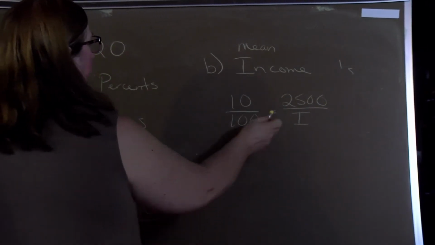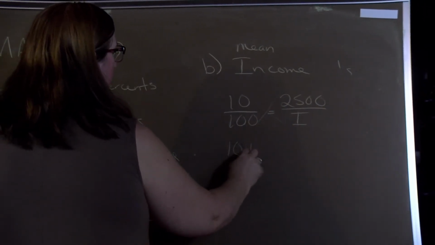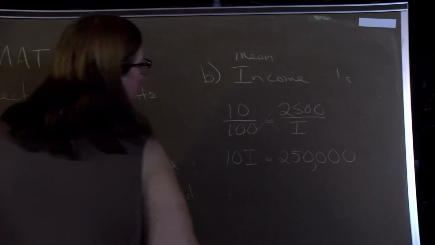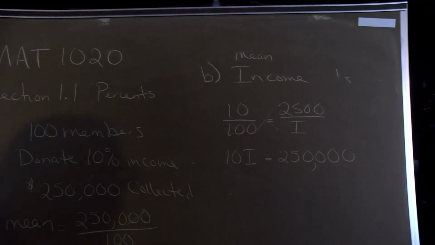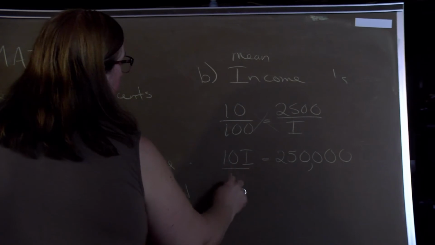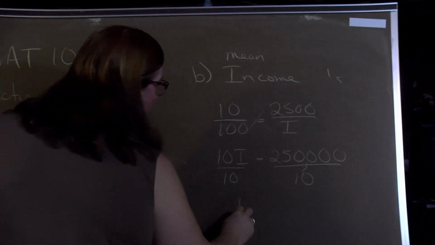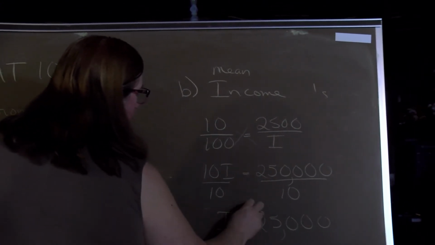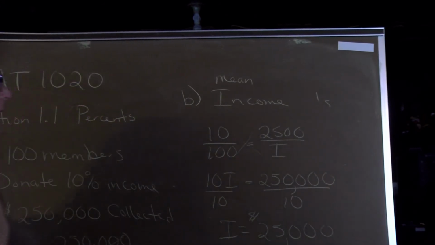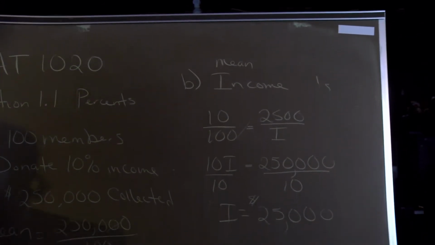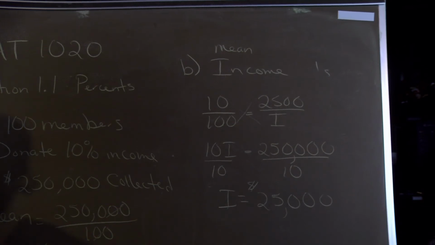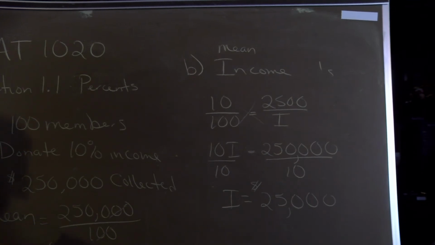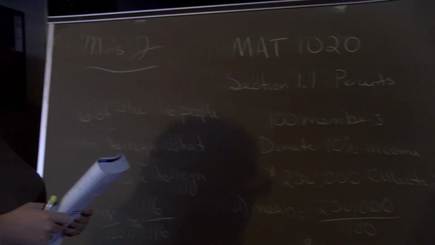The part was the 2,500. Cross multiply. So when we cross multiply, we have 10I equals the 250,000 and divide by 10. So the income was approximately 25,000. I just thought I missed a zero, but I didn't.